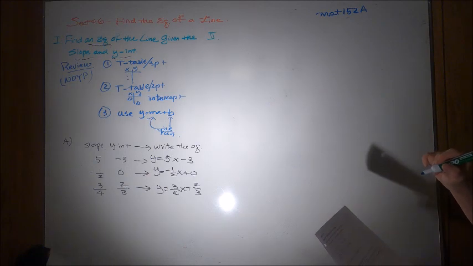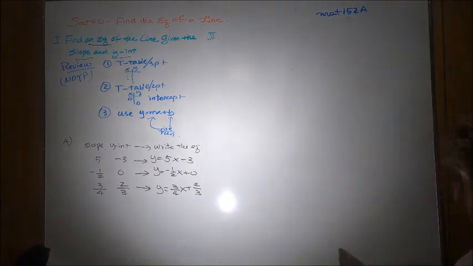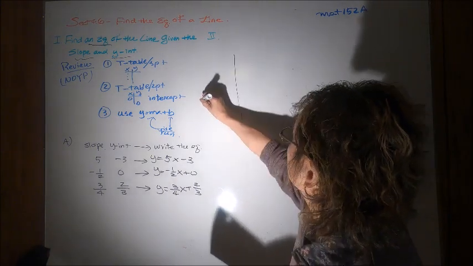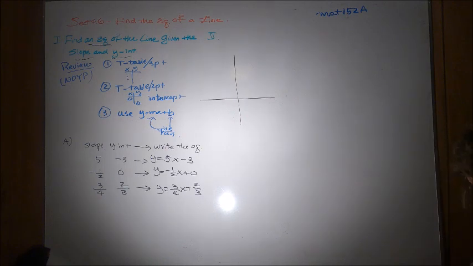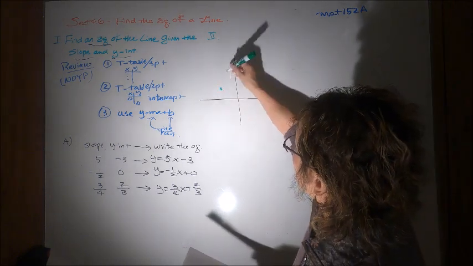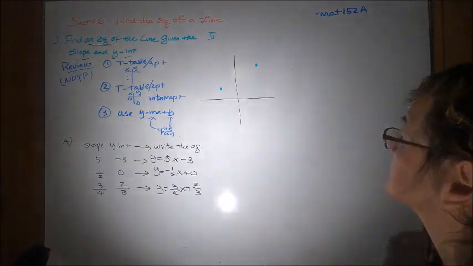If we say a situation like this, if 2 points are given to you, say if you are here, right? Your target is here.